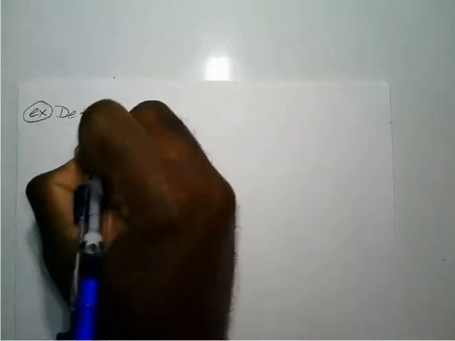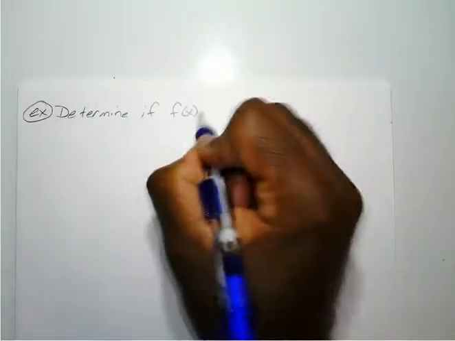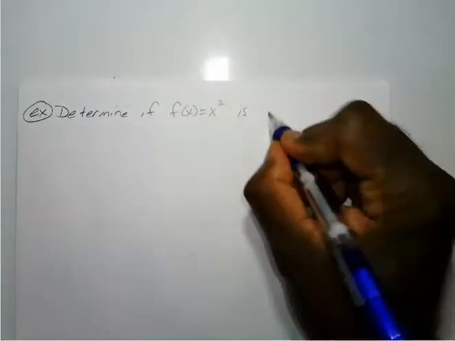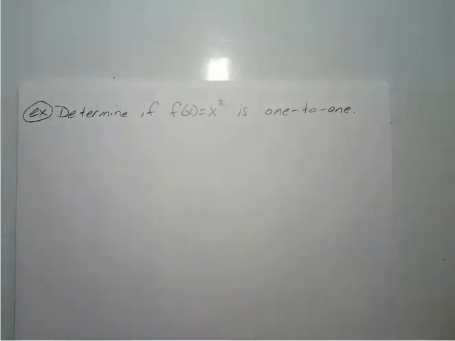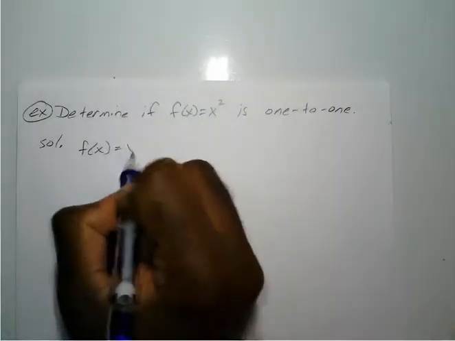Alrighty, so let's say, for example, we want to determine if f of x equals x squared is 1 to 1. So let's say we know that f of x equals x squared.